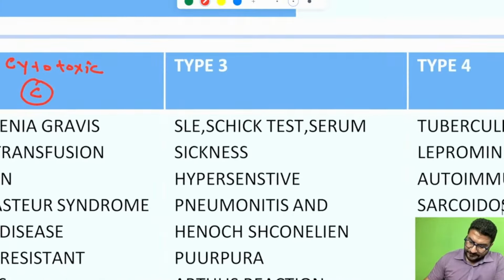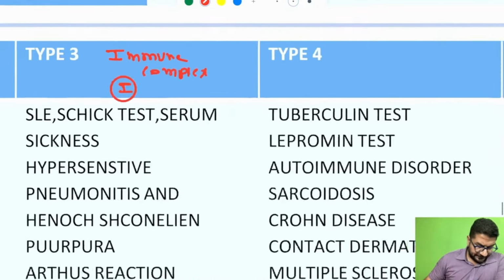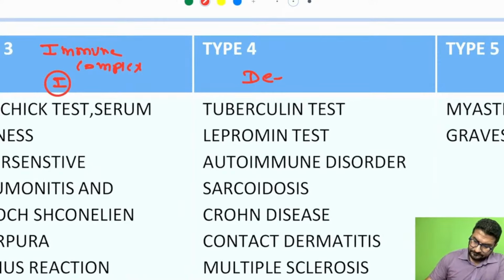Type 3 is called immune complex. And type 4 is called delayed.